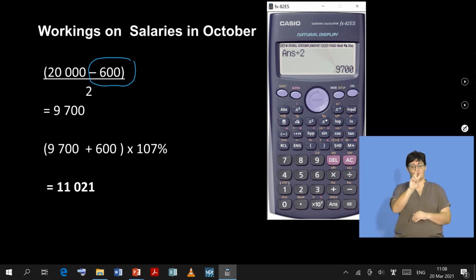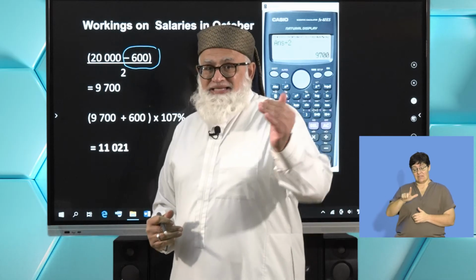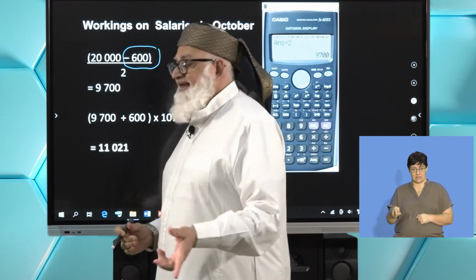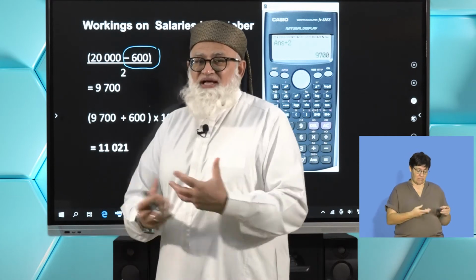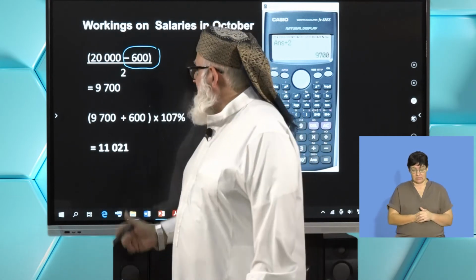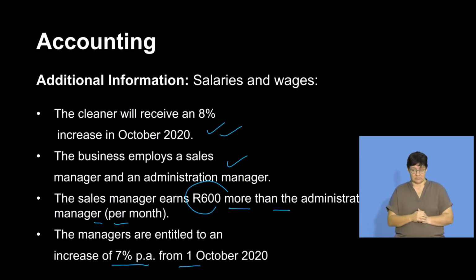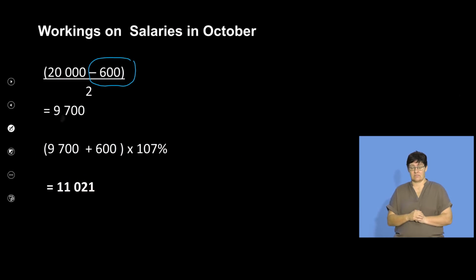Divide that by 2. Now you can see that the one salary obviously is different to the other one. So the 9,700 is the person who is earning less, because one earns 600 Rand more than the other. Right, now take your 9,700 that we have calculated, add the 600 to it.